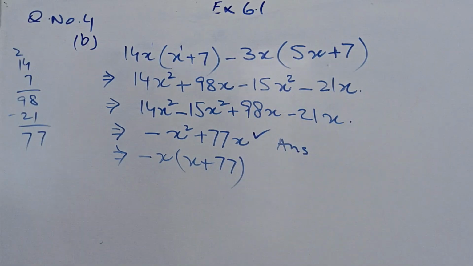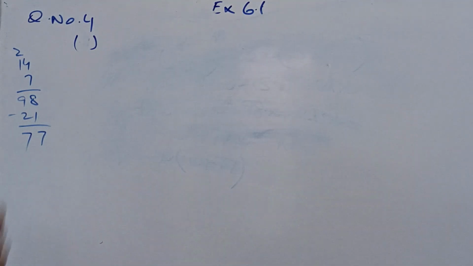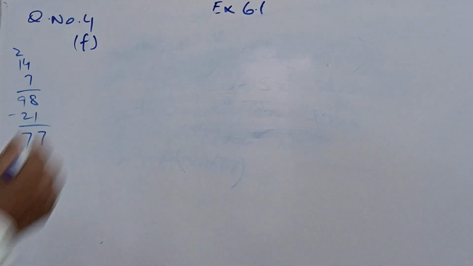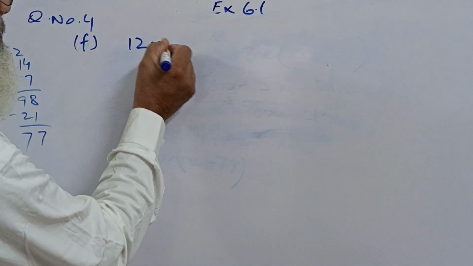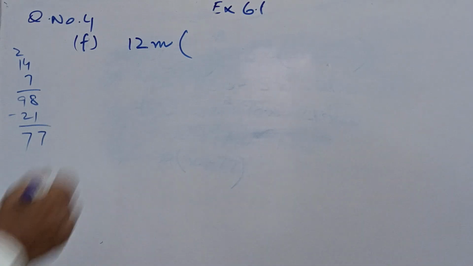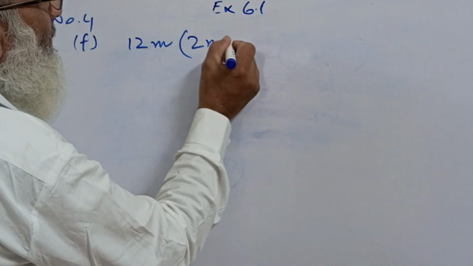Okay, let me solve part F now, because it is a little different from the other ones. 12m(2n - 4) - 24n(m - 2). Now there are two variables. In the previous questions, there was only one variable. Now we are coming up with two variables.